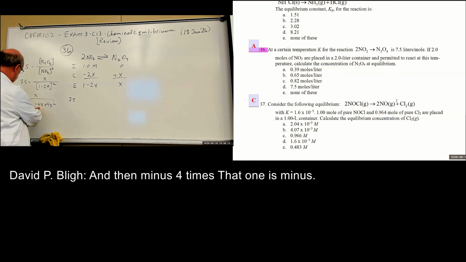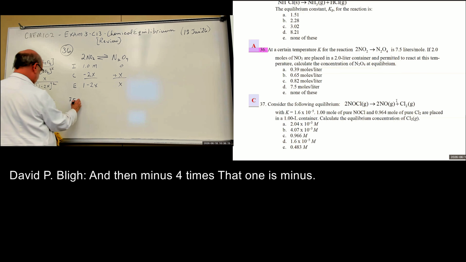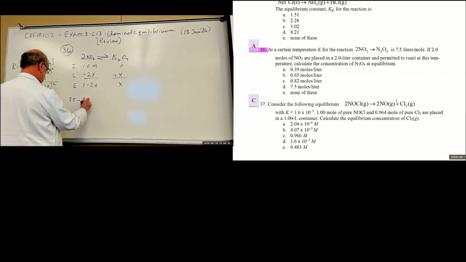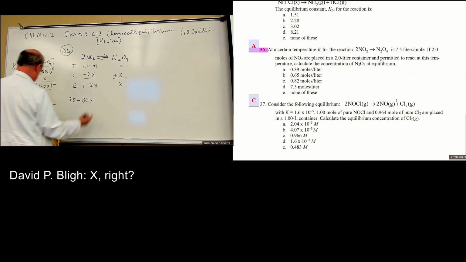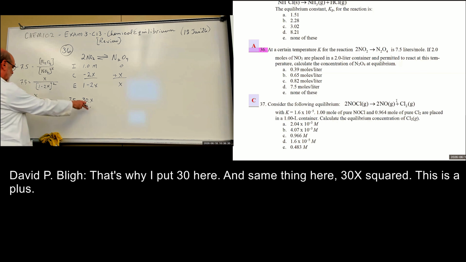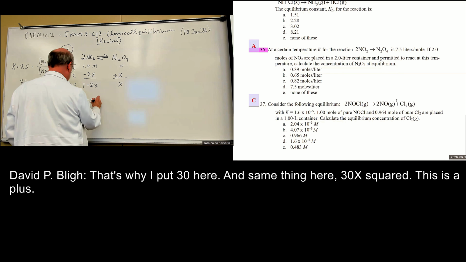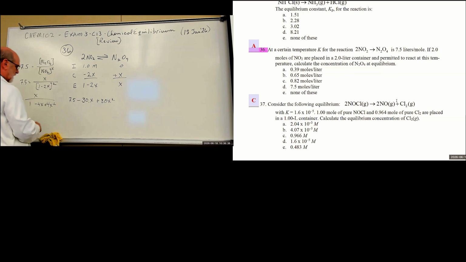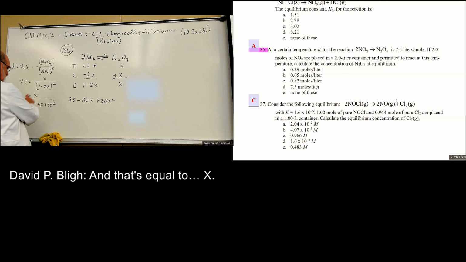And then minus 4 times that one is minus 30x, right? 7.5 times 2 would be 15, and then times 2 again would be 30. That's why I put 30 here. And the same thing here, this is a plus 30x squared, and that's equal to x.